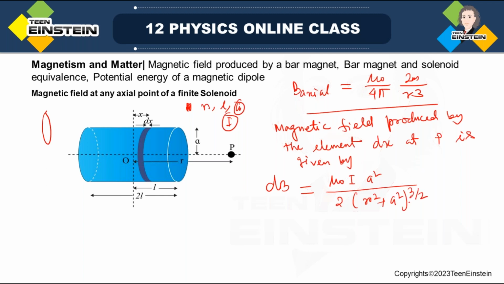Here, I is not only I, it is mu 0 n into I, where n is the number of turns per unit length, so this is the current per unit length. And dx will be there, then I get the magnetic field produced by dx at a distance r from the center.